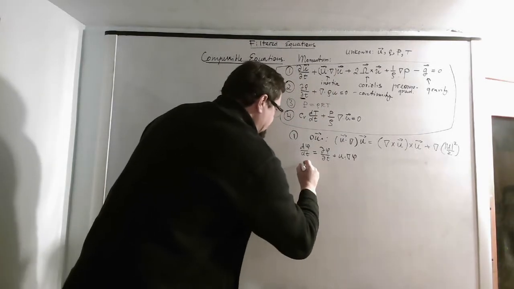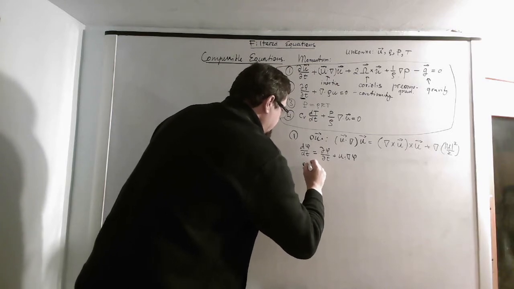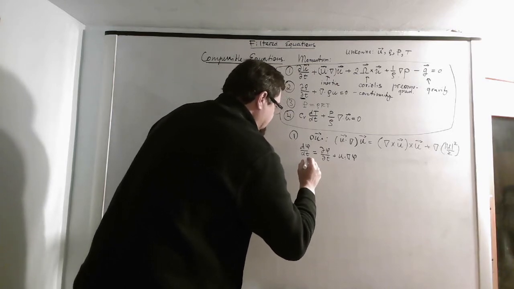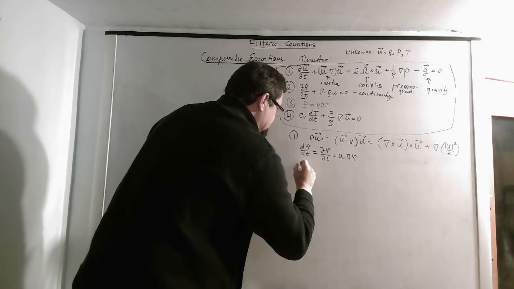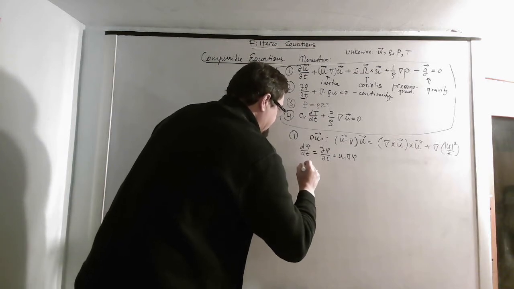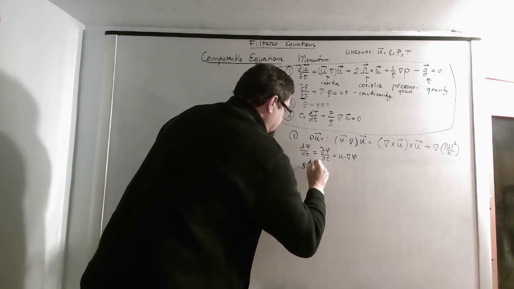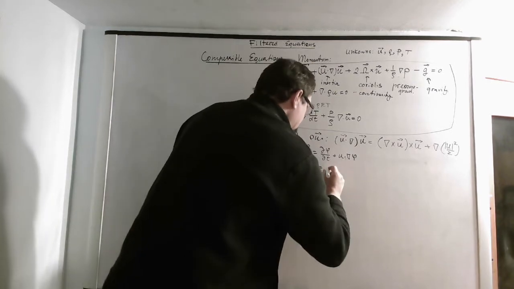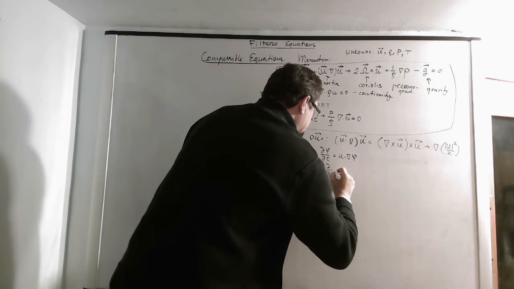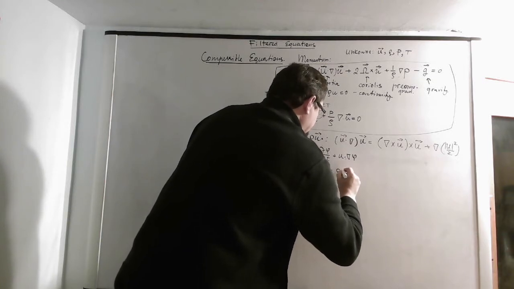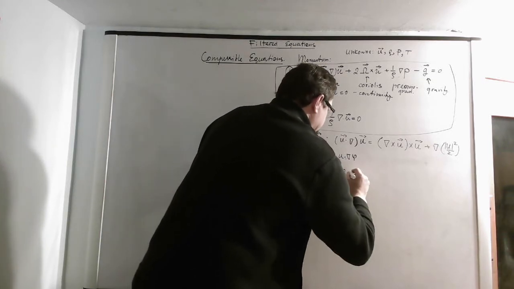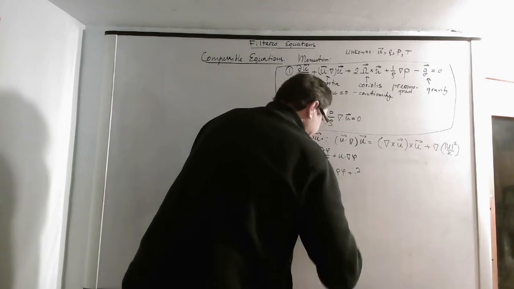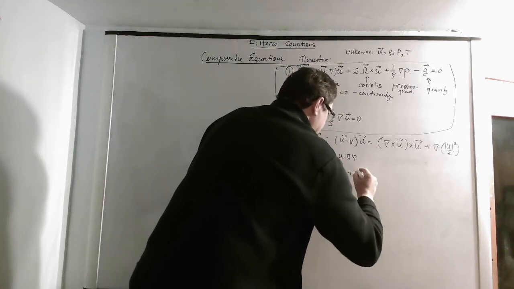Now if you multiply it by rho, you can show that rho d phi dt actually equals to d dt of rho phi plus the divergence of the flux, divergence of rho u phi.